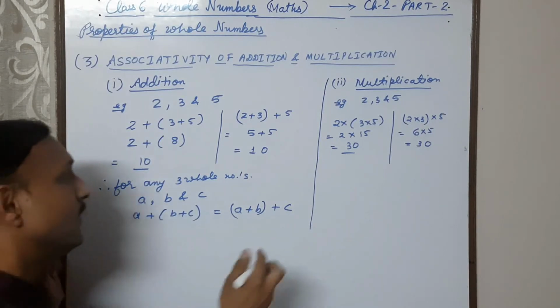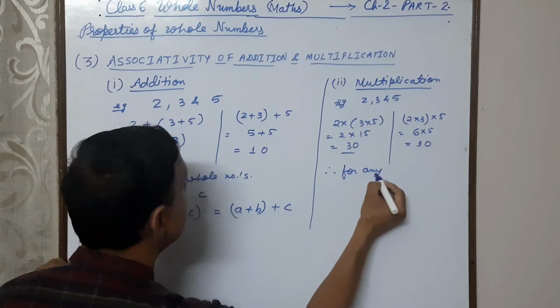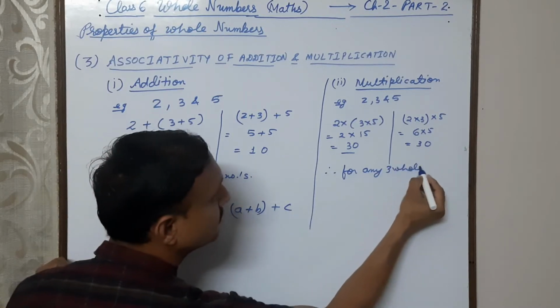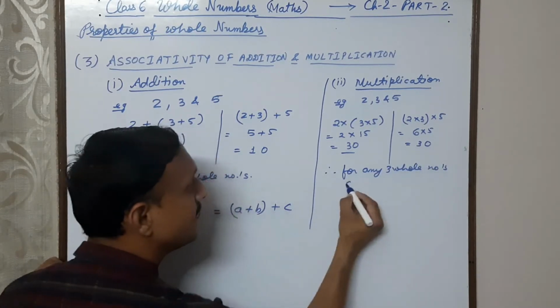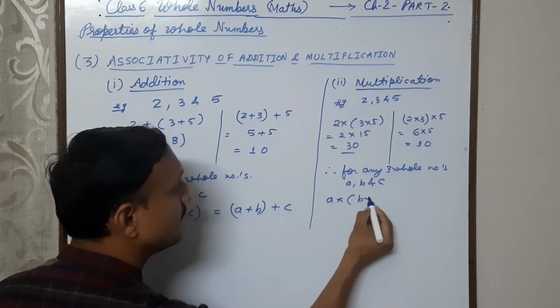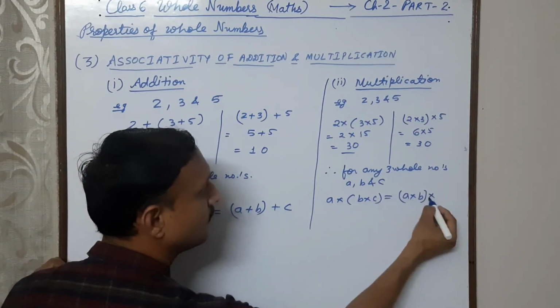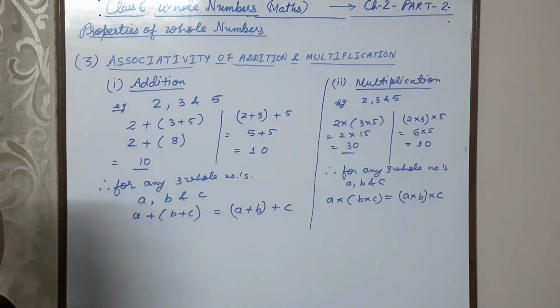Therefore, for any three whole numbers A, B and C, A into (B into C) equals (A into B) into C. That means we can multiply three whole numbers in any order.